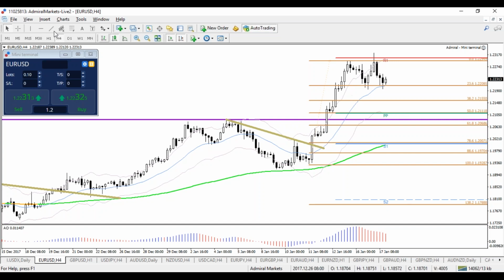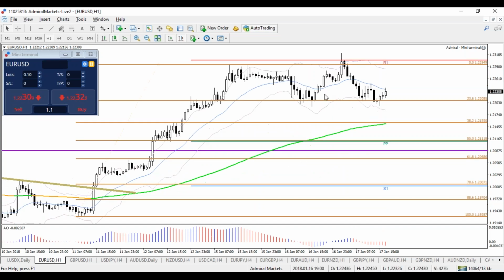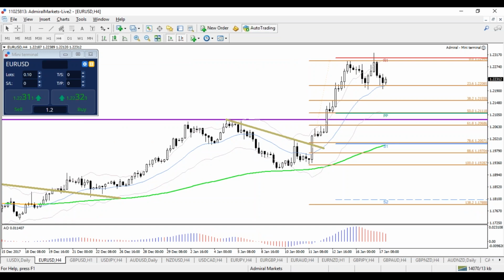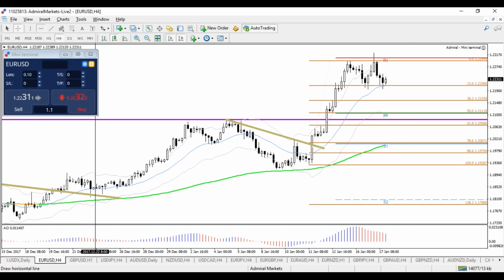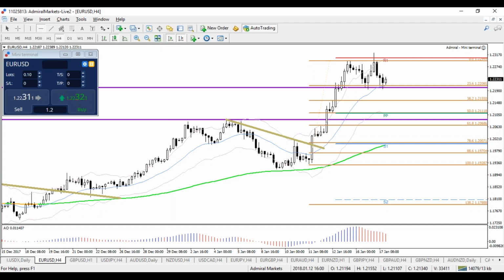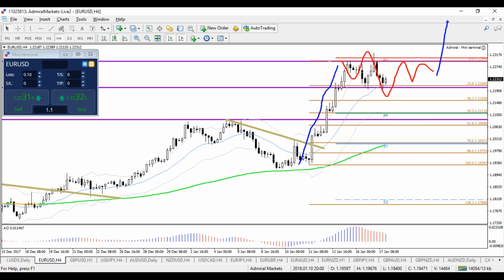Now, second of all, if price goes sideways for longer, then it's probably setting itself up. There's probably a consolidation zone that's being made, and that consolidation zone will probably break to the upside. Why? Because we have momentum here, then we have sideways, and typically that would break to the upside.